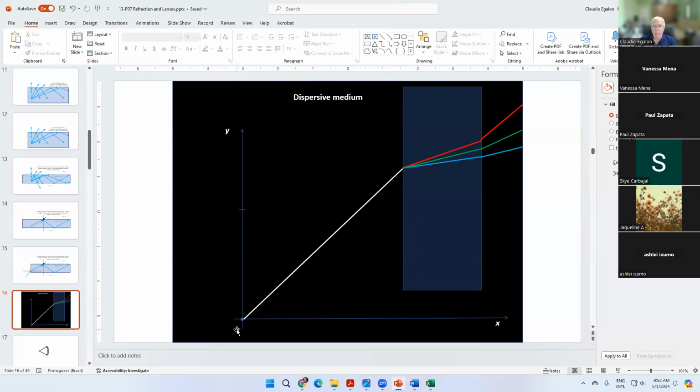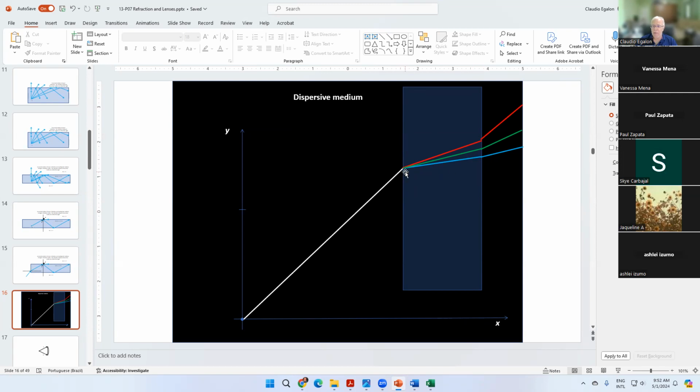When it is incident at the interface of air and glass, for instance, blue light and violet light are going to be bent more strongly than the other colors.